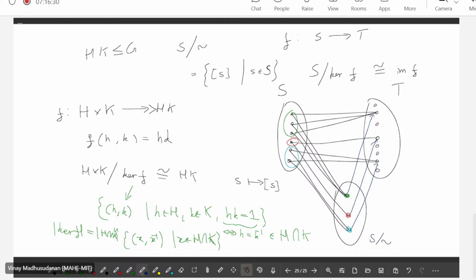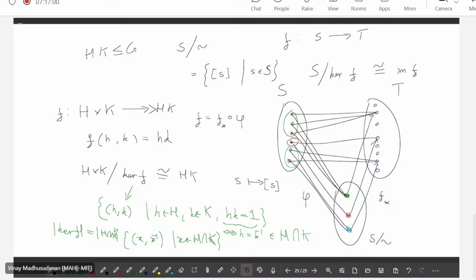Okay. So this is, let's say, F star, and this surjection is phi. Observe that F is equal to F star after phi.